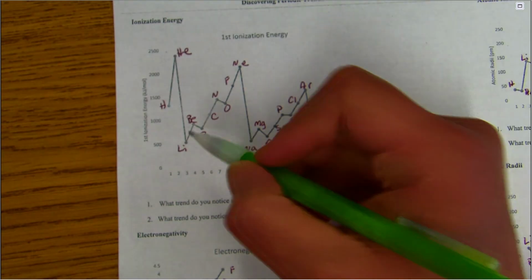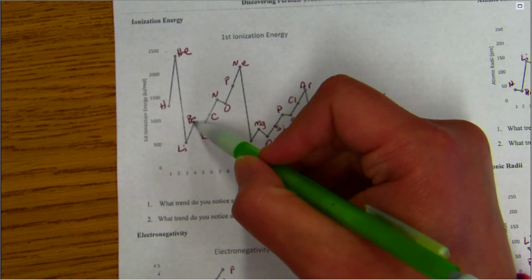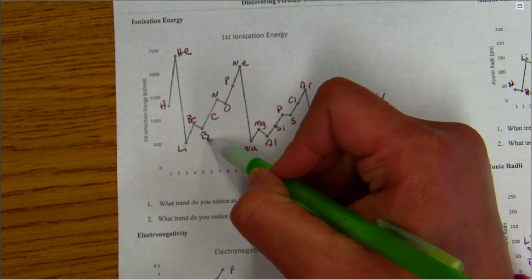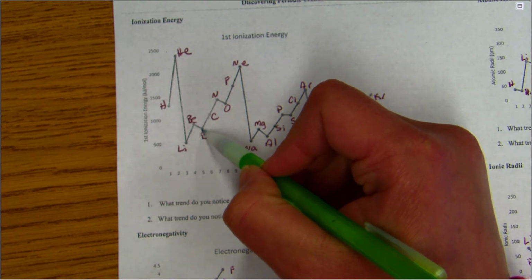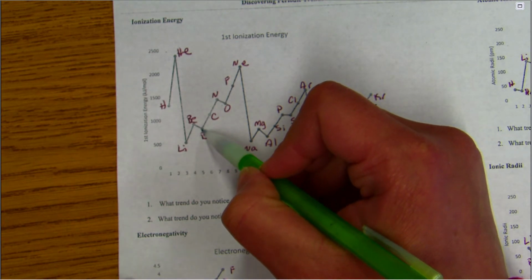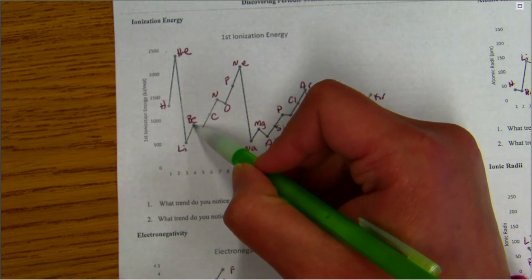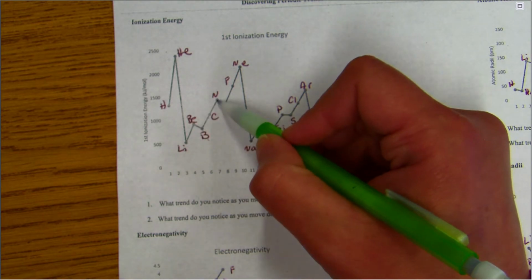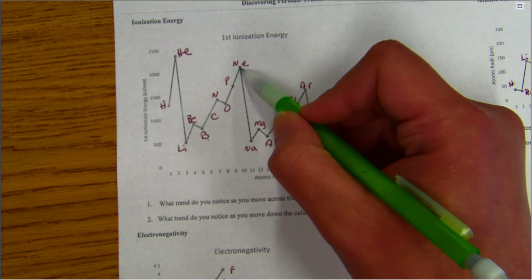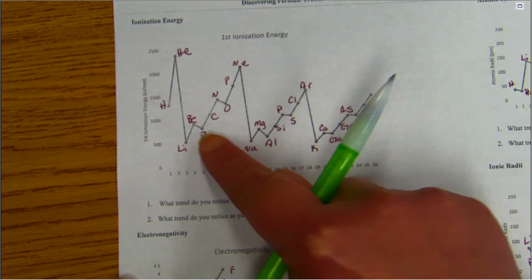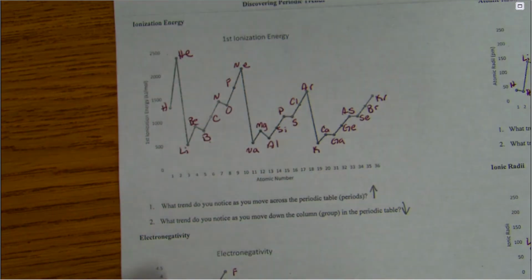But let's look at lithium, beryllium, and then boron. Boron has a lower first ionization energy than beryllium. Then we see it start climbing again, and oxygen drops back down, and then it starts to climb again. So what accounts for these changes in ionization energy?